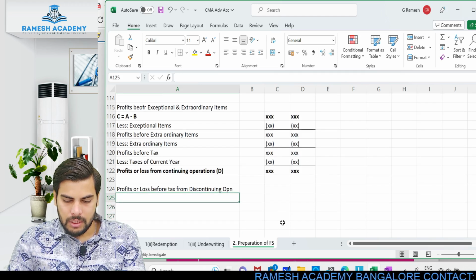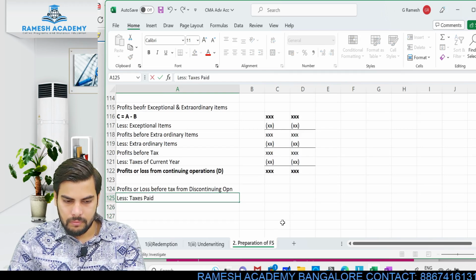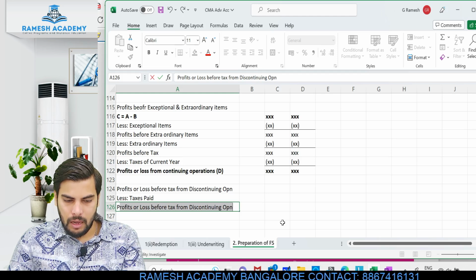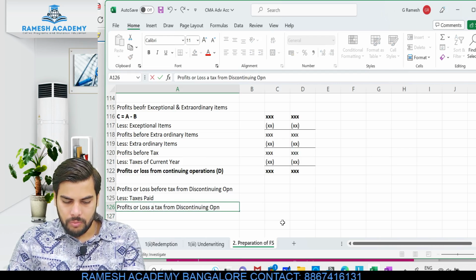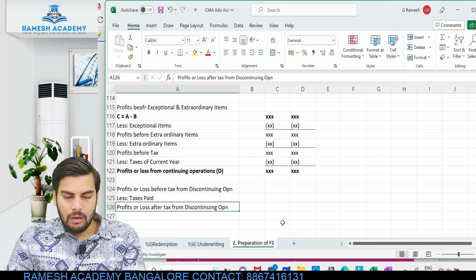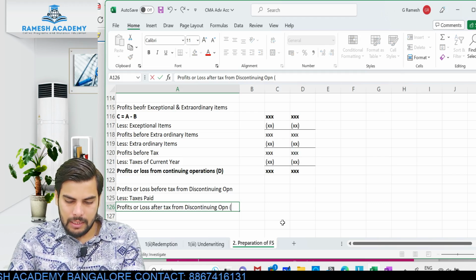Clear? So from this, I'll just be deducting the taxes. I get profits or loss after tax. This was before tax. Once I pay the taxes, I'll get to know the profit or loss after tax from the discontinuing operation. So this I'll just name it as E.